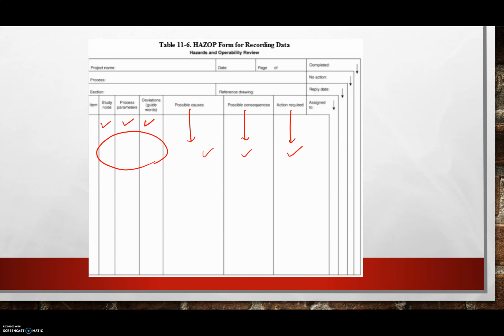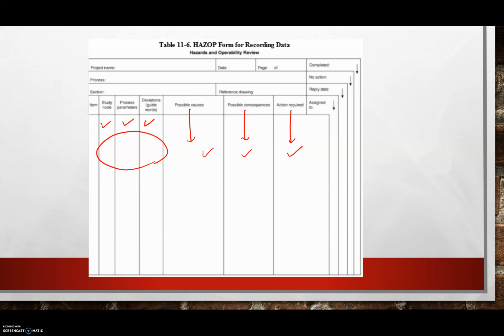You need to think, brainstorm, what is the possible cause, what is the consequences, and the action required. In other words, these HAZOP studies also need your experience, based on your experience and team experience, what will be contributed by this deviation. Maybe some people think, because of the increasing of temperature inside the inlet of a reactor, it will produce certain causes and consequences.